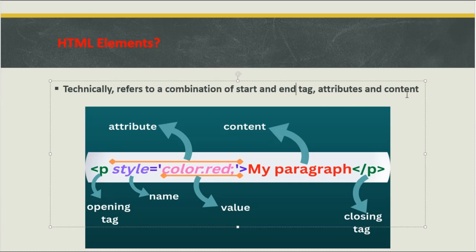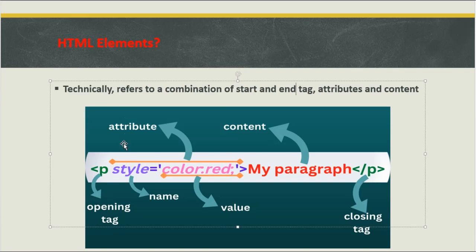That combination makes an element. So an HTML element is a complete thing. It has the tags, it has the attributes, and it has the content. Sometimes there may be no attributes, but it has the tags and the content. That makes it an HTML element.